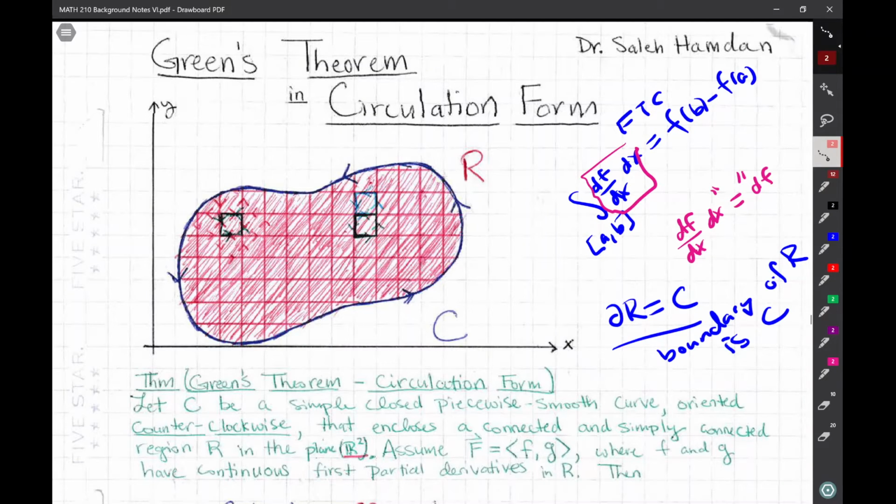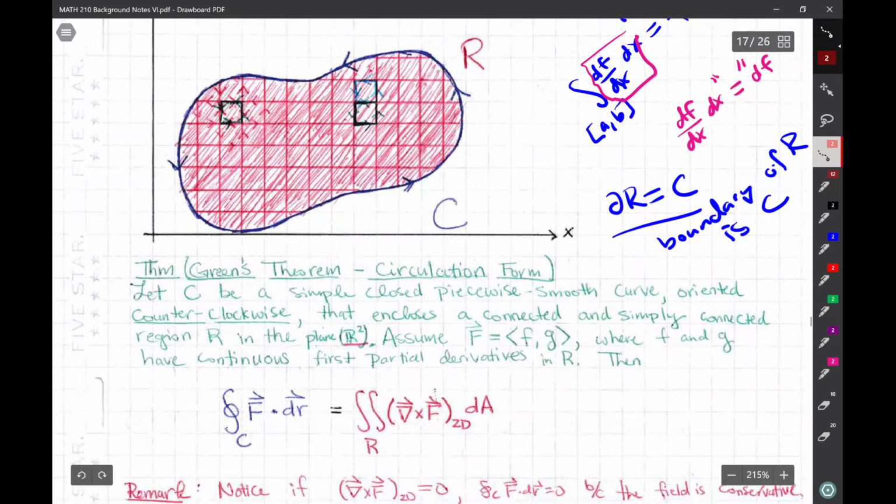So somehow we could add up all of the little circulations in the interior and get a net circulation at the boundary. Well, those little circulations are the curls, okay? Or you shouldn't say little circulations, but sort of an idea of what's going on, a little twistiness.